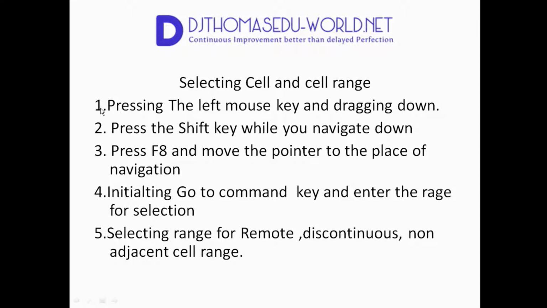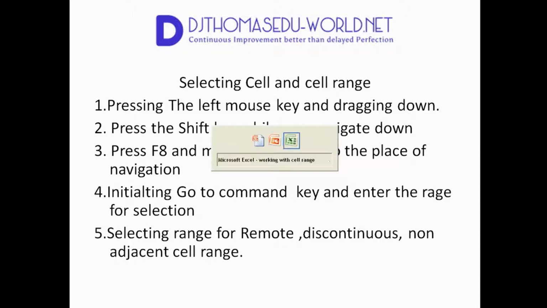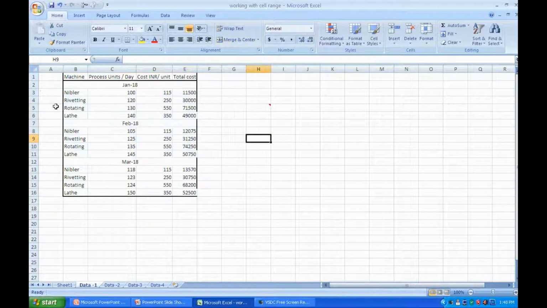Next, pressing the shift key while you navigate down is the second means of selecting cell and cell range. Here, select the cell, press the shift key, then select the range.